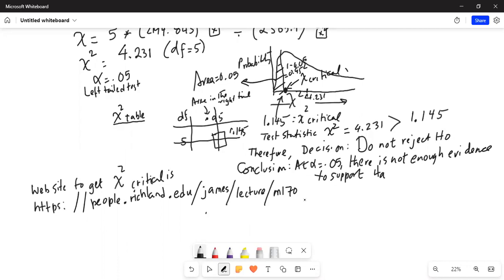TBL is the short form of table, then dash CHI for chi, and then dot HTML. So this is the website to go to get the critical chi-square value to solve this problem.